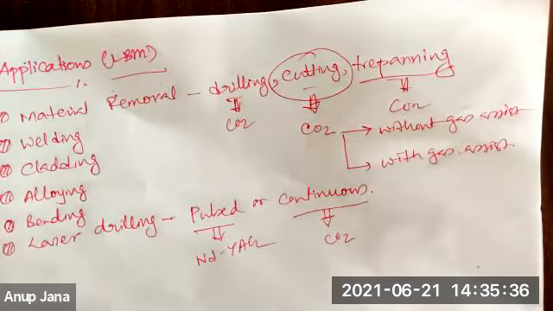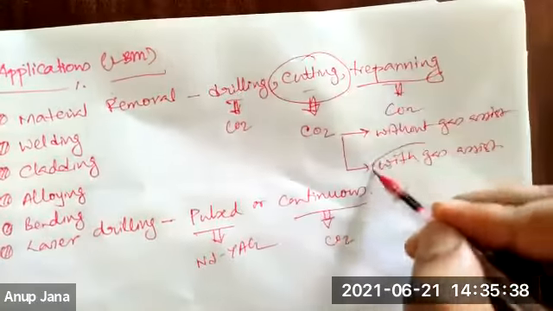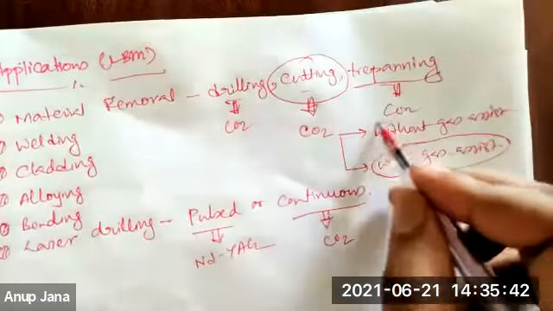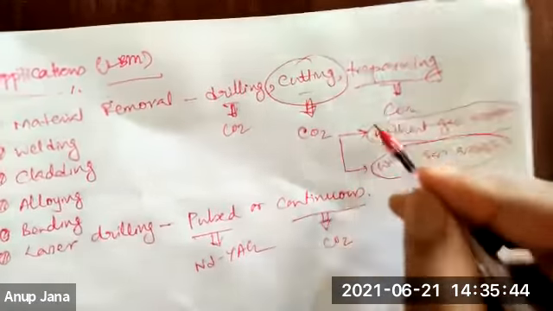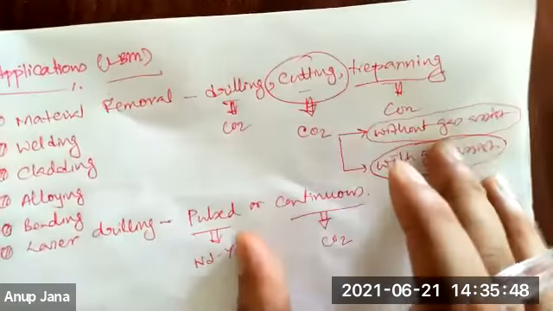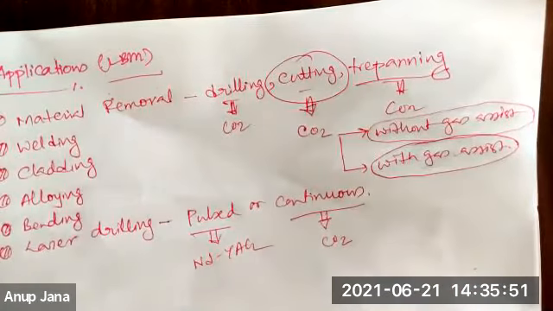If we are using this gas assistance, then the cutting speed will increase, and in this case the cutting speed will be less. I hope you are understanding it. Okay, right? So this is the application.